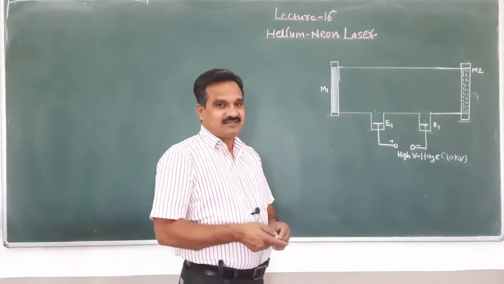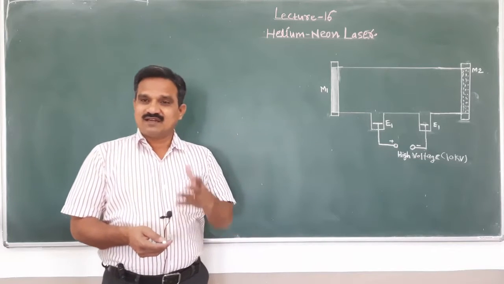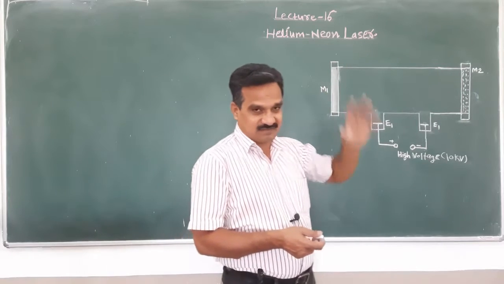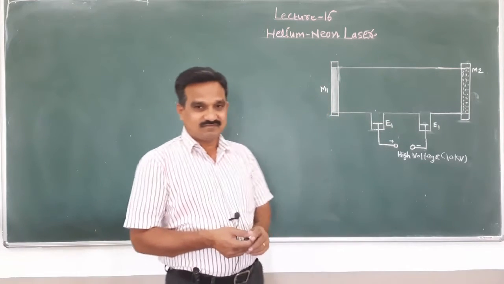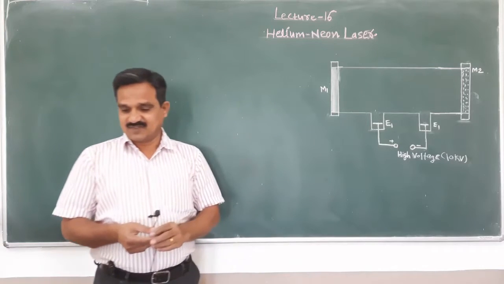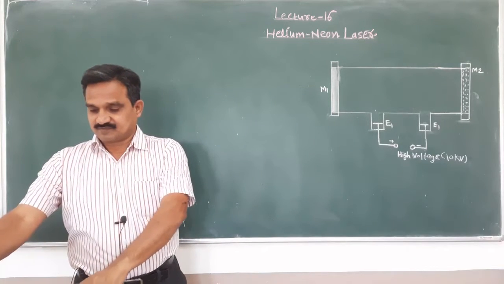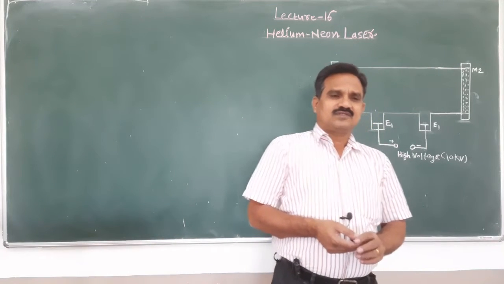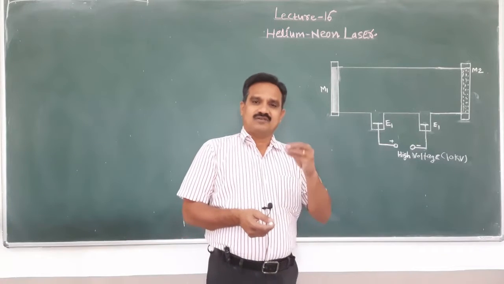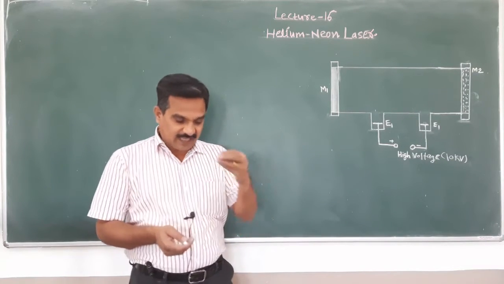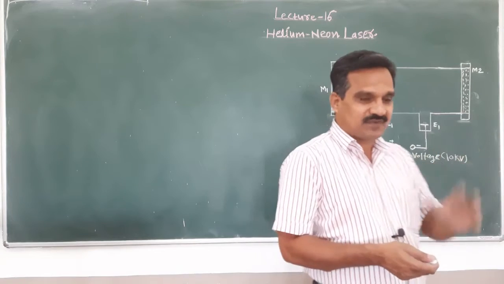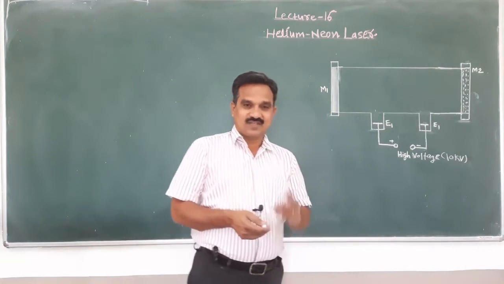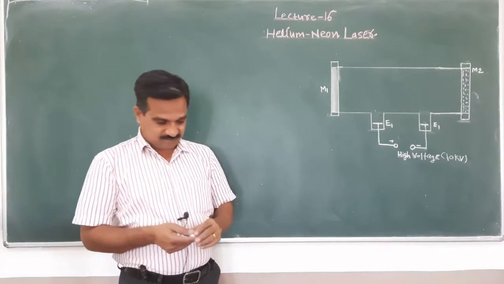You remember that the first one, Ruby laser, is a solid state laser, and this is the second one, helium neon laser, a gaseous laser. Whether it is a solid state laser, gaseous laser or liquid laser, whatever its type may be, for each and every laser, 3 components are very important.